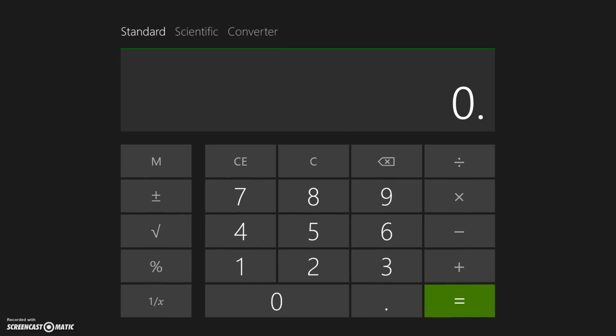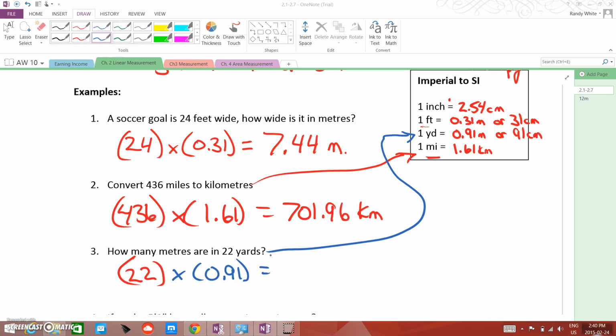So 0.91 times 22 yards is 20.02. There we go. That easy. So all you've got to remember to do is basically multiply. Okay?